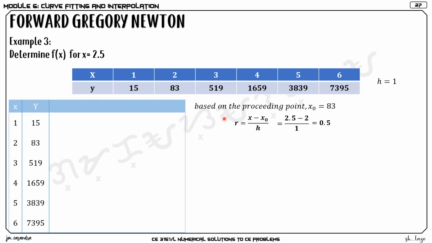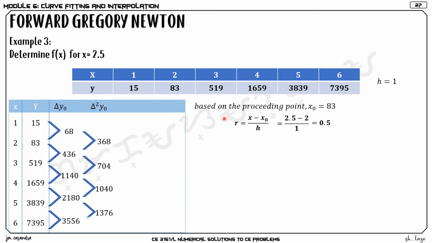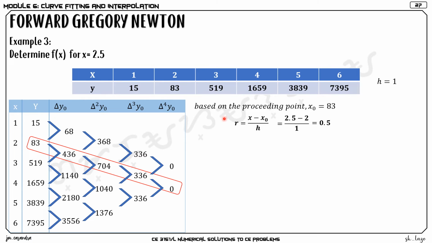And in this case, since we are basing our answer on the preceding point x sub o, which is 2, we now start off our solution with the values under this table.